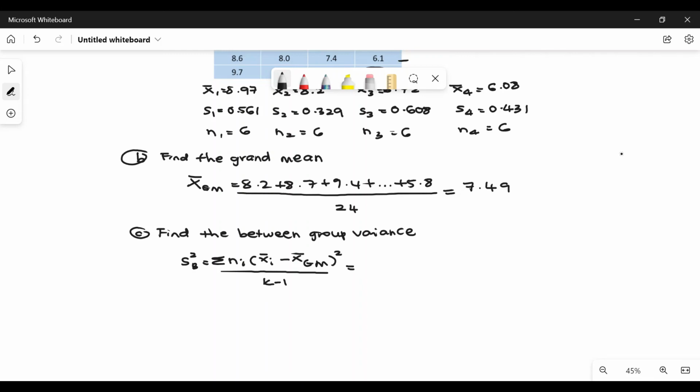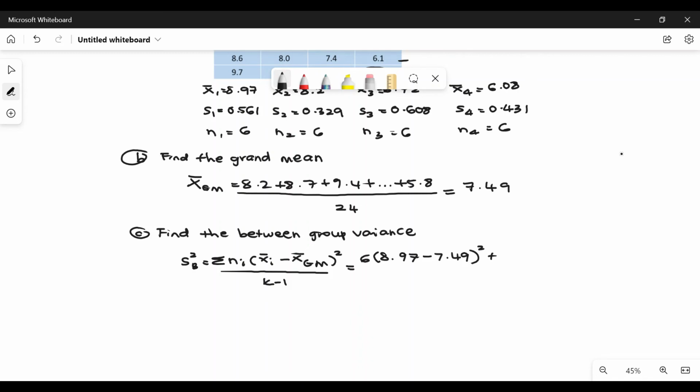So here we list out the first sample, which is N1, 6, times the mean from the first sample, which is 8.97, minus the grand mean, which is 7.49, squared.